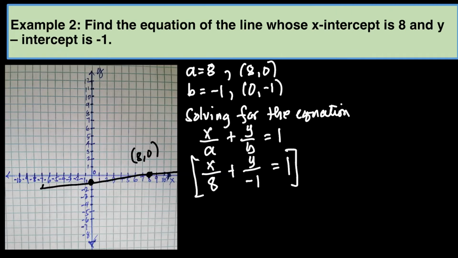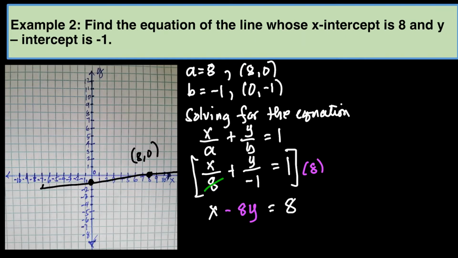That will give us x plus 8 divided by 8 times y, which is 8y divided by negative 1, that will give us negative 8y, equals 8.